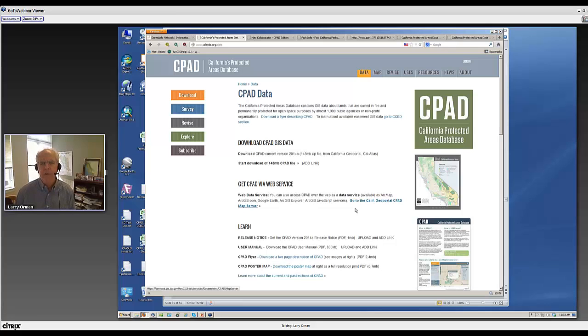But it is a web service, and it's available in KML and for ArcGIS Explorer and all these other formats as well. So just go to CPAD data and you'll find that. And those will update next week when we release the new data. These current links are not quite working because we're just in the process of uploading new data to the site.